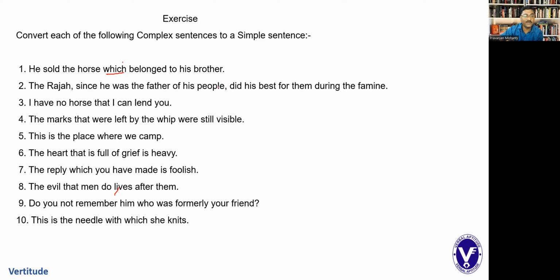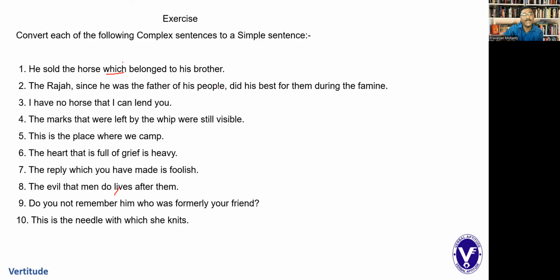Evil stays after men have left. Do you not remember him who was formerly your friend? Do you not remember your former friend? This is the needle which she knits. This is the knitting needle.